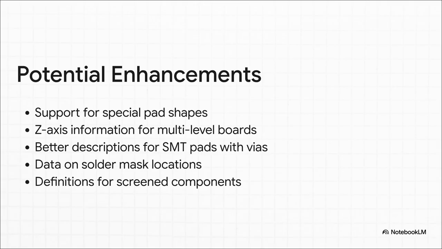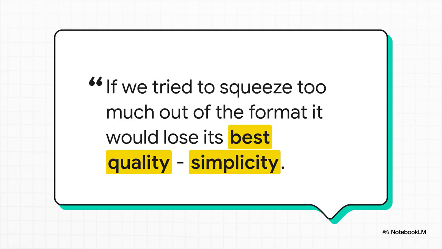It doesn't include any Z-axis data, which is a problem for multi-layered boards, and it could be way better at handling things like solder mask openings. Now, you could add all these things, but it would come at a cost. And that brings us right to this key quote from the source. The author himself says, "If we try to squeeze too much out of the format, it would lose its best quality, simplicity." He's basically warning us that if you try to make it do too much, you risk destroying the very thing that made it so successful to begin with, that beautiful, effective simplicity.